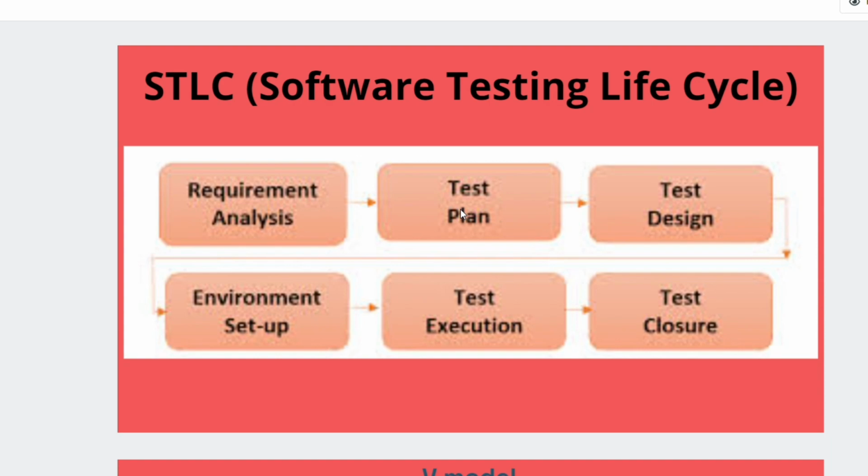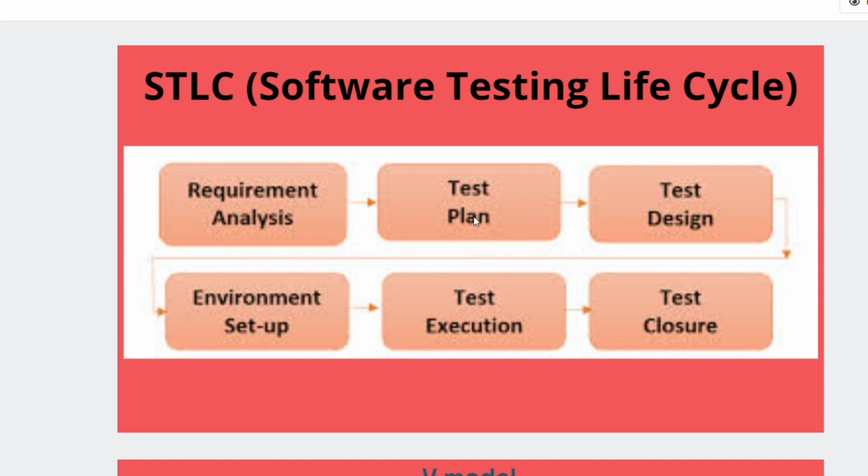Test planning involves defining the testing scope, objectives, resources, and schedules. The tester also identifies the test environment and tools required for the testing process. During test planning, we decide what exactly is in the scope, what is out of the scope, what the objective of the testing is, what kind of testing we are going to perform, which environment we are going to use, what kind of tools we are going to use, who will be involved in this testing, and what the entry and exit criteria are.